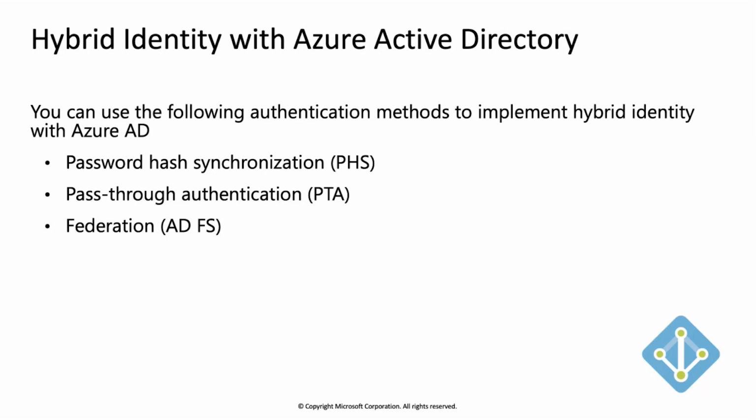Azure AD Connect can be configured as Express or Advanced Custom, which gives you the flexibility to pick and choose the authentication methods. If I go with the Express setup, it uses PHS, password hash synchronization, by default. But if you go with the custom advanced setup for Azure AD Connect, it gives you the flexibility to pick and choose your different authentication methods as well.